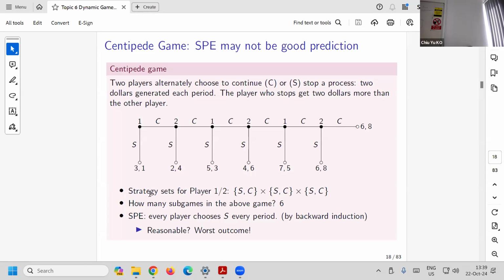And you can see that in the experiment. People often wait until the second or third round to go, especially when this game is played many times. You would not see it at the end of the game, but at least you will see people collaborate in some early rounds.